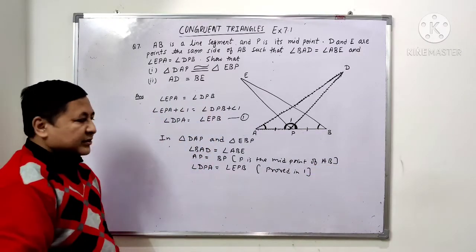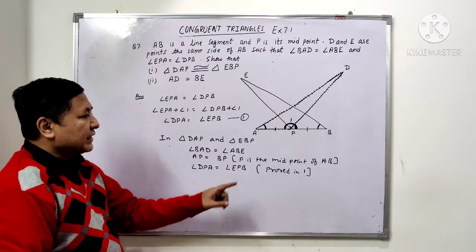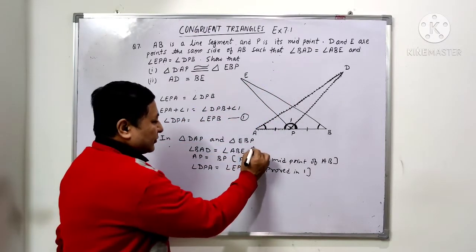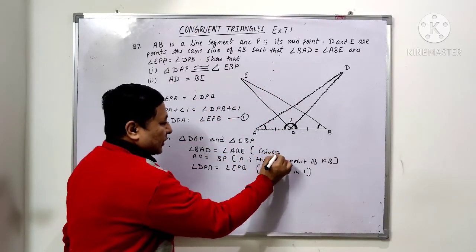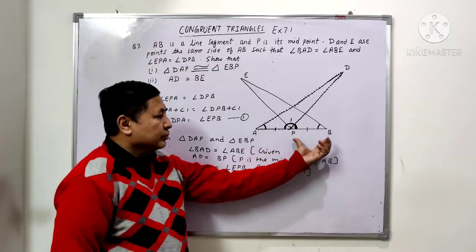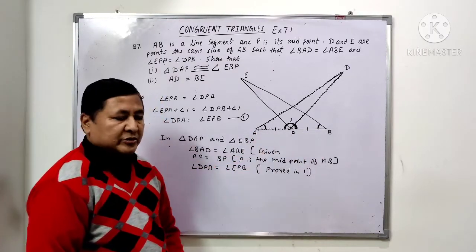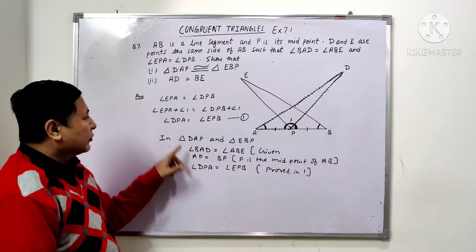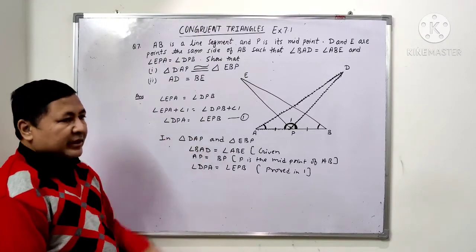Now we have taken three things. Angle BAD is equal to angle ABE, which is given in the question. Then AP is equal to BP because P is the midpoint. And the third thing that we have proved is angle DPA is equal to angle EPB.